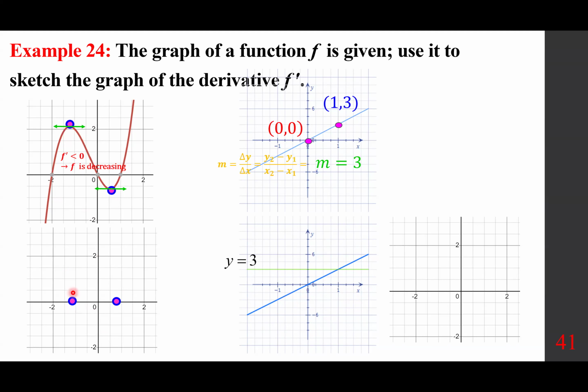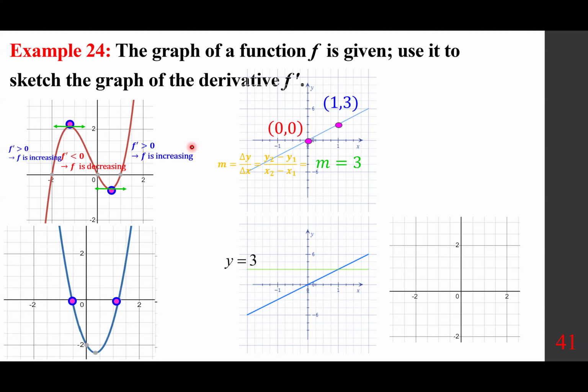But when it goes down at this point, it has to come back up at this point. This is increasing, so is this one. And so this has to be above, this has to be above. And putting it together gives you this graph.